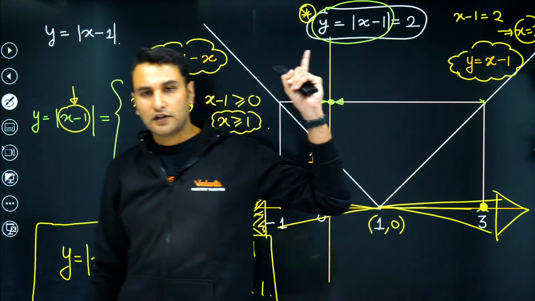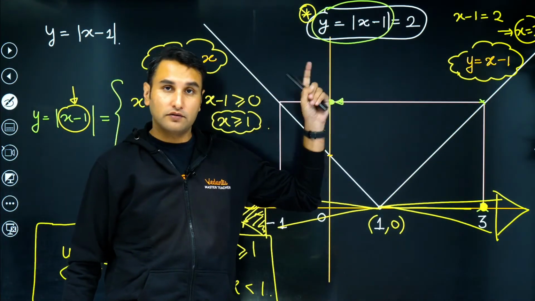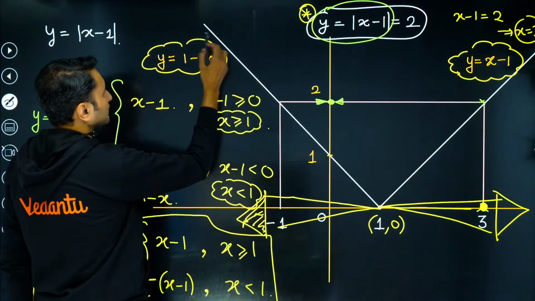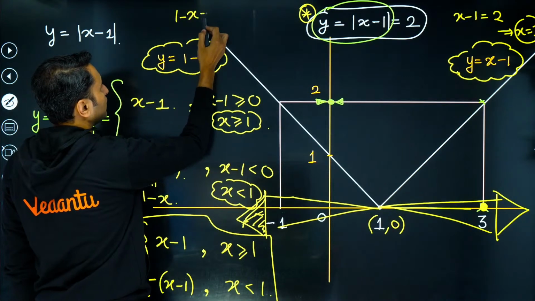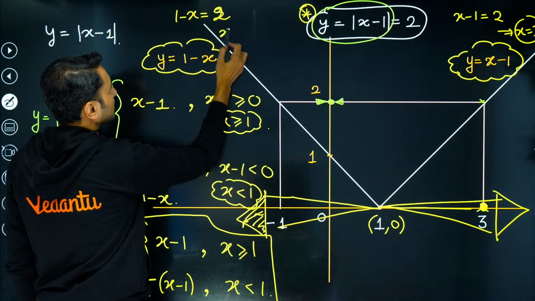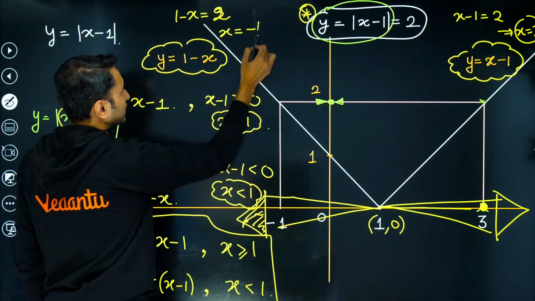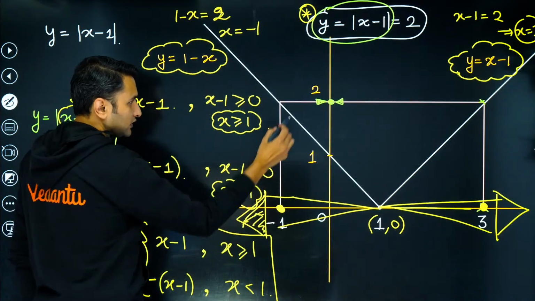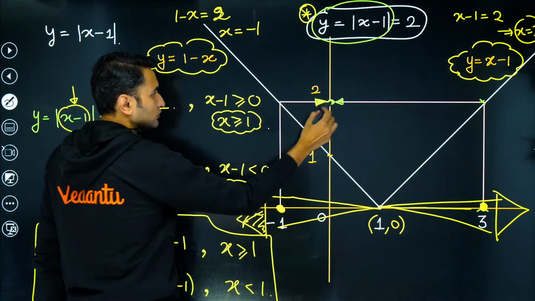Same as the answer which came when we solved previously. And in this case, when you put y equal to 1 minus x equal to 2, your x comes out to be minus 1. When x is minus 1, then also the y value is 2.